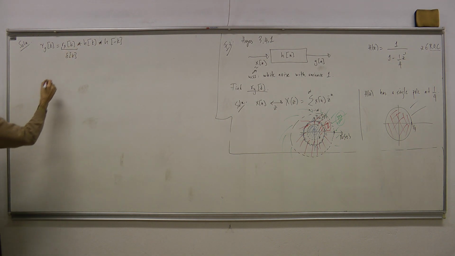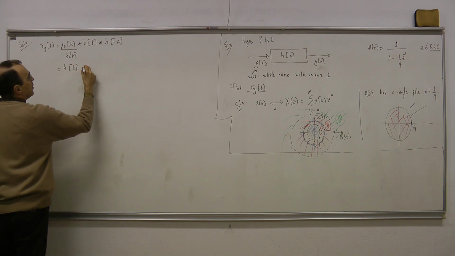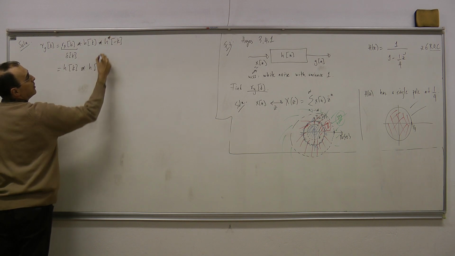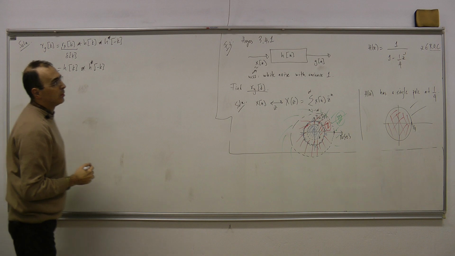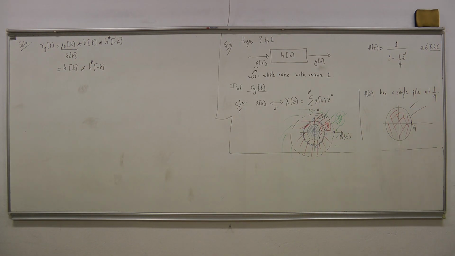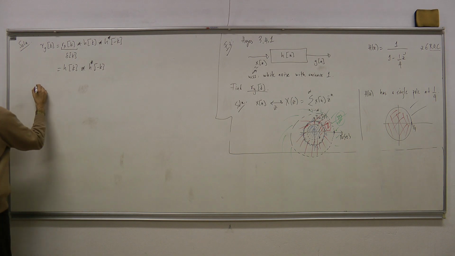Then I have h of k and h of minus k. I should put conjugates over here, but since h of n is real valued, as we know from earlier experience, I have this. So I will try to do this calculation in Z domain.